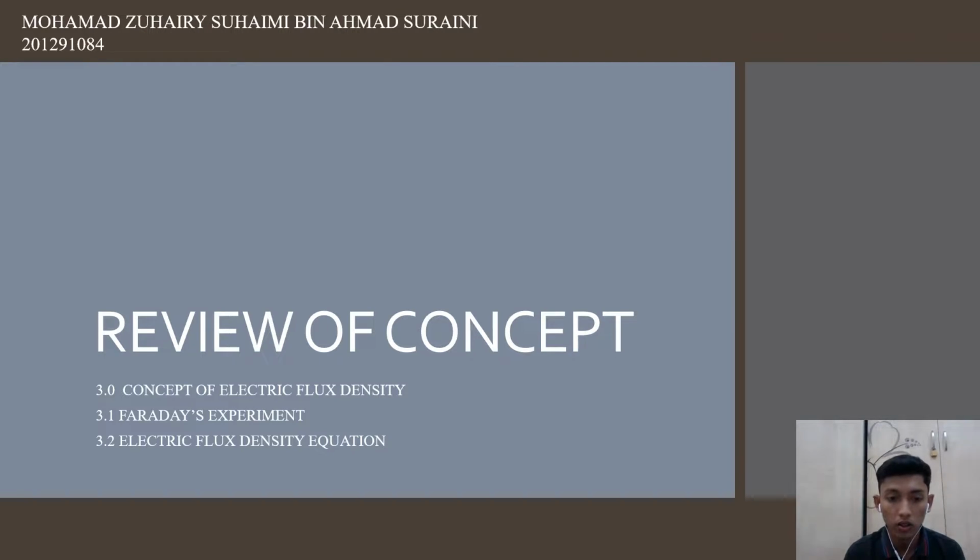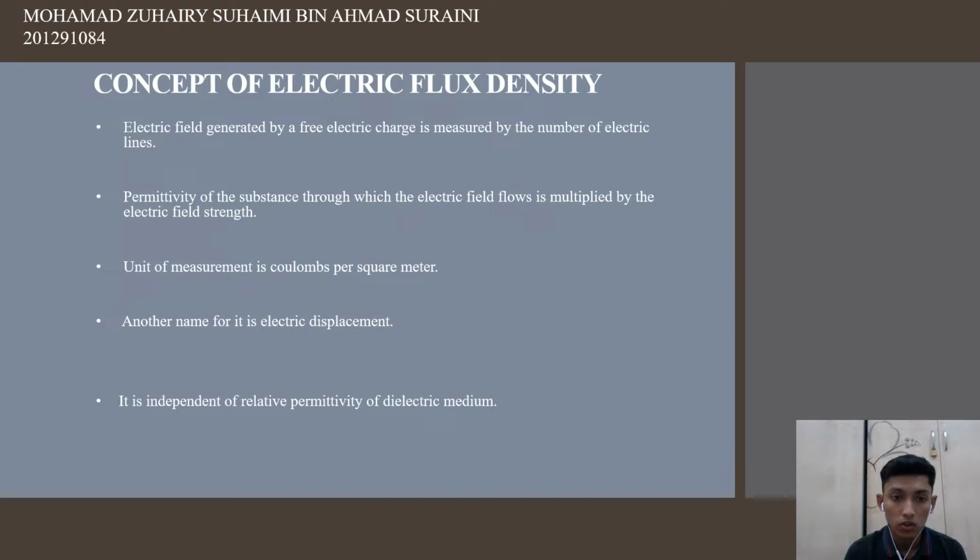So we will start with the concept of electric flux density. The electric field generated by a free electric charge is measured by the number of electric lines. The permittivity of the substance through which the electric field flows is multiplied by the electric field strength.